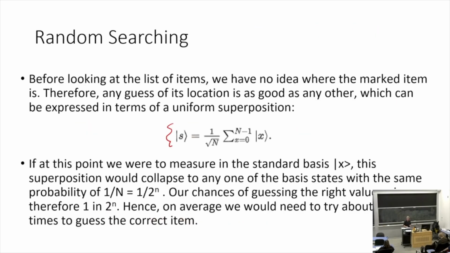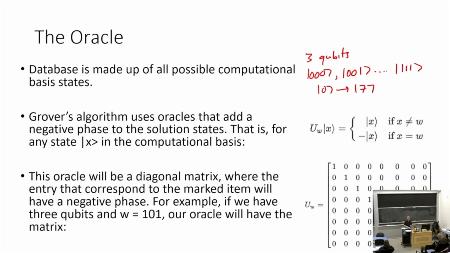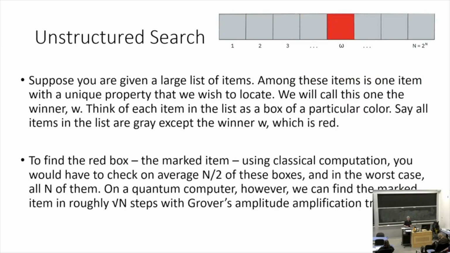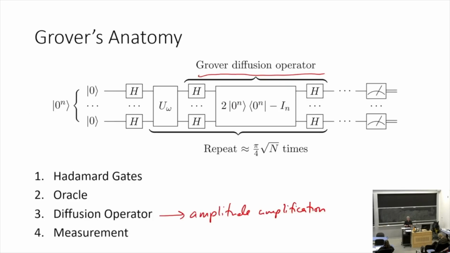If we go back all the way to our quantum circuit, remember, we start with our n-qubit quantum register, we generate a uniform superposition, we apply the oracle to mark one of our items, and then we go through this diffusion operator, which is our amplitude amplification trick.